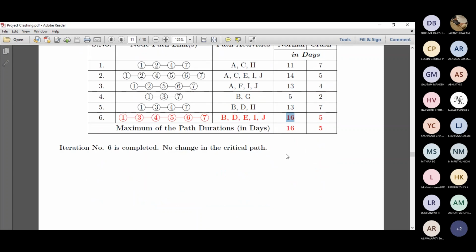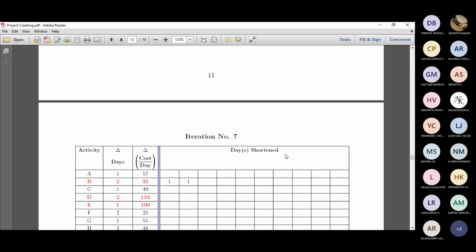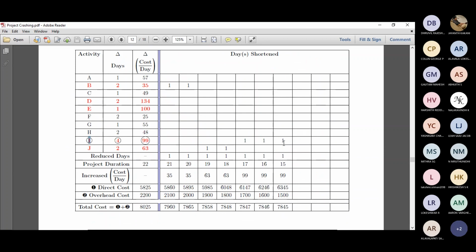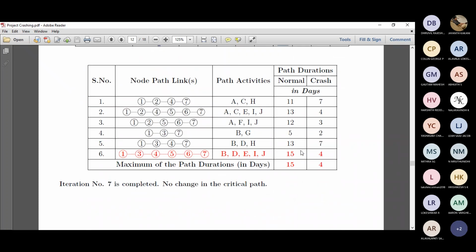Let's do it again with activity I. This is the third day reduction in I, I beg your pardon. Then it is 15, 99, 6246 plus 99 is 6345. Plus 15 into 100 is 1500. When you add both, 6345 plus 1500 is 7845. And it's still critical.